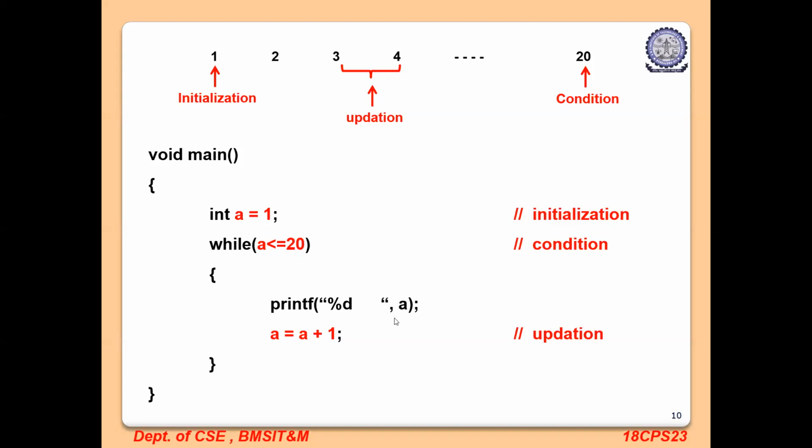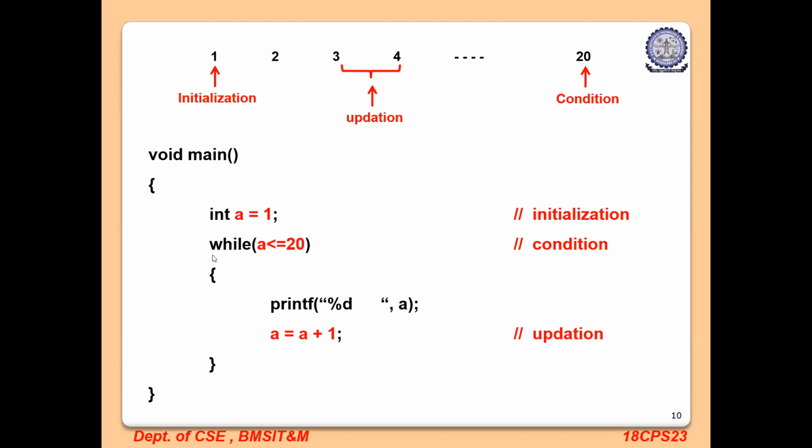It will execute the printf statement. printf a: what is the value of a? It is 1, so it will print 1. The next statement is the update statement. Here we have an incremental statement, a equals a plus 1, so 1 plus 1 becomes 2. Again, the control goes back.